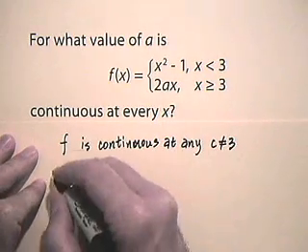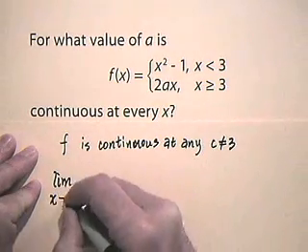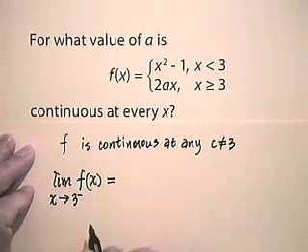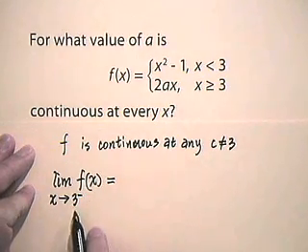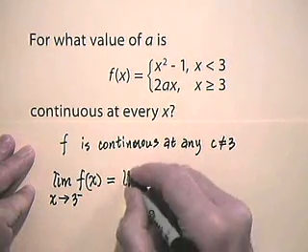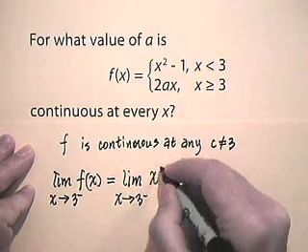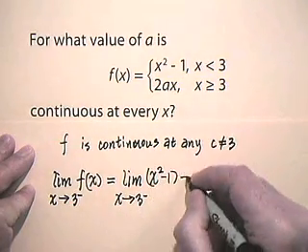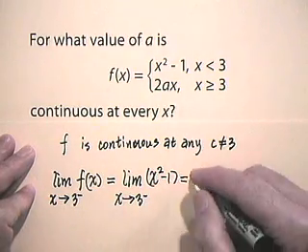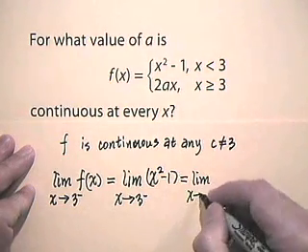So let's evaluate, first off, the left-hand limit as x approaches 3 of f of x. So for x to the left of 3, f of x is given by the top expression, x squared minus 1. So that's the limit as x approaches 3 from the left of x squared minus 1. Well, x squared minus 1, again, is a perfectly continuous function, and so its one-sided limits equal its two-sided limits.